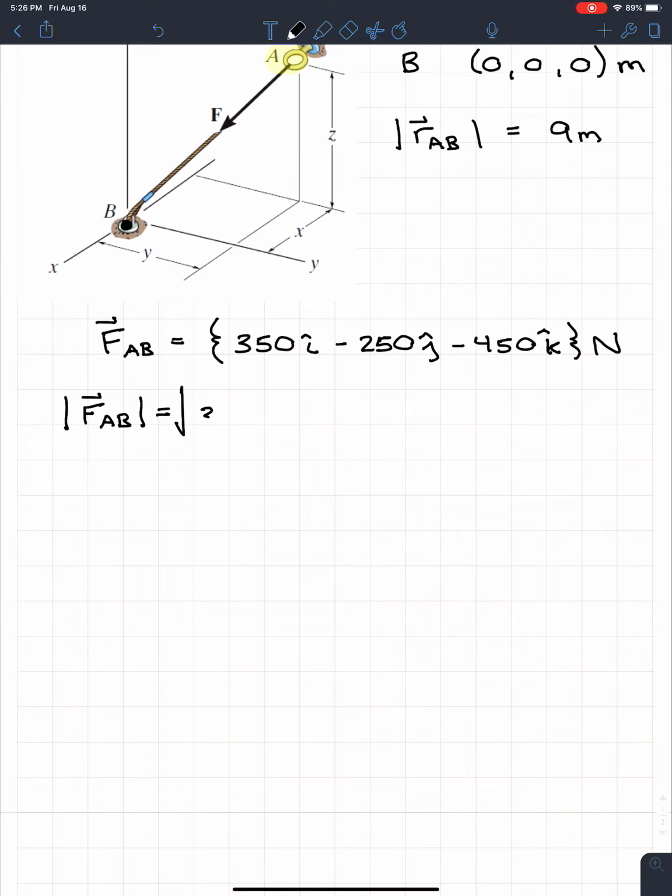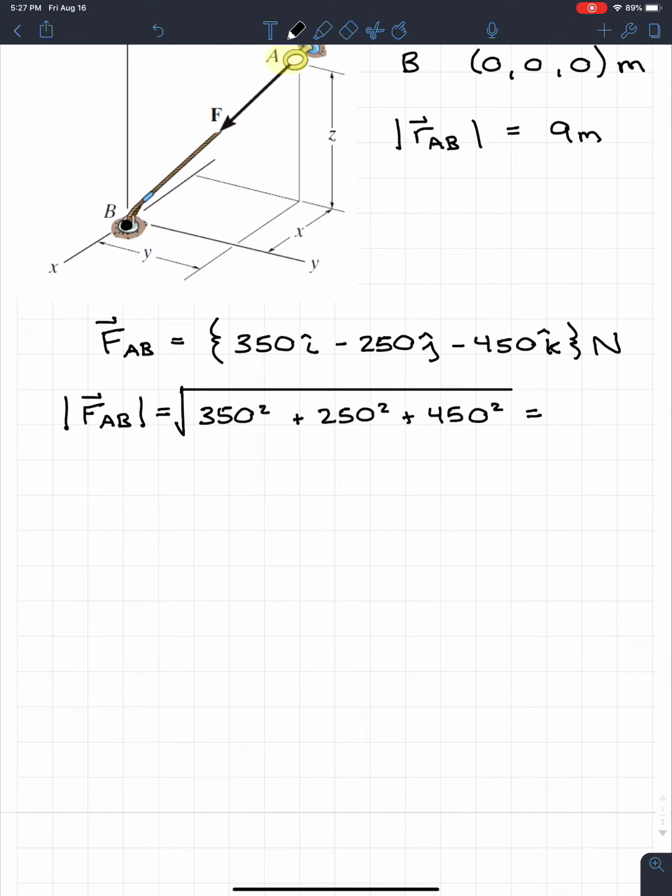So it's going to be 350 squared plus 250 squared plus 450 squared. Ta-da! I'm just going to do the top real quick.